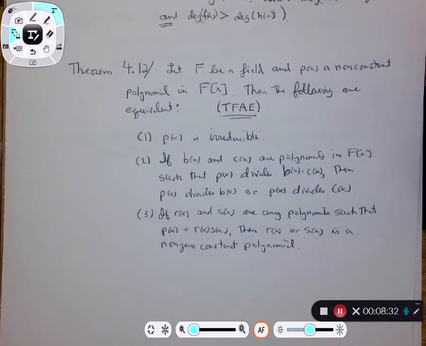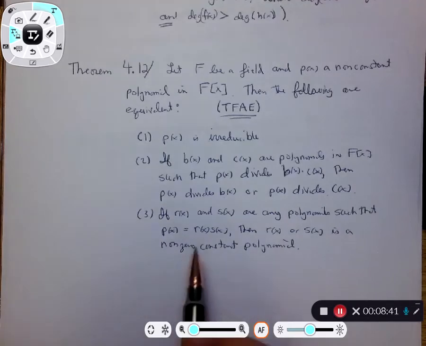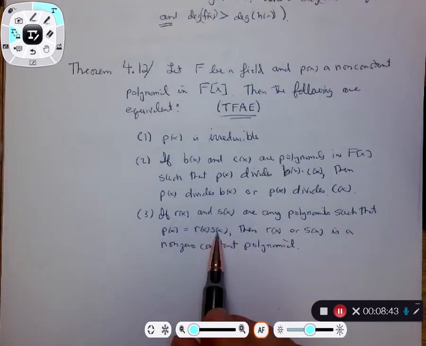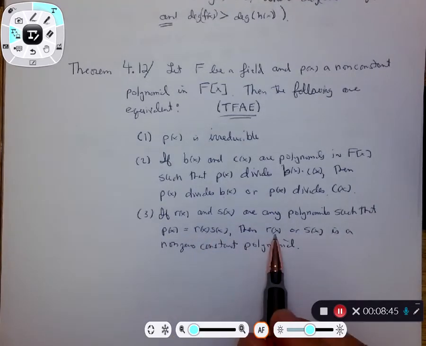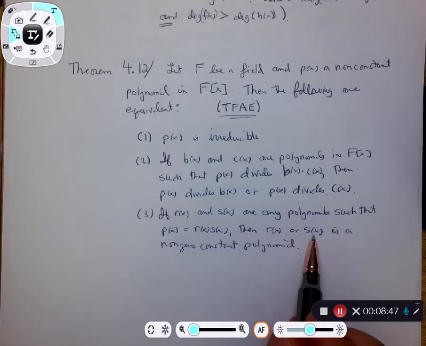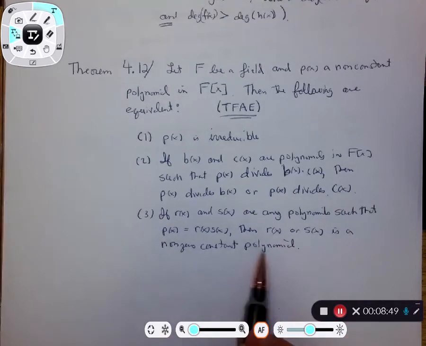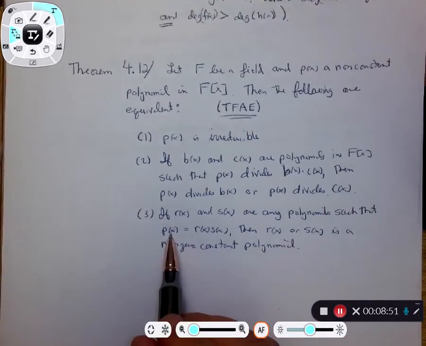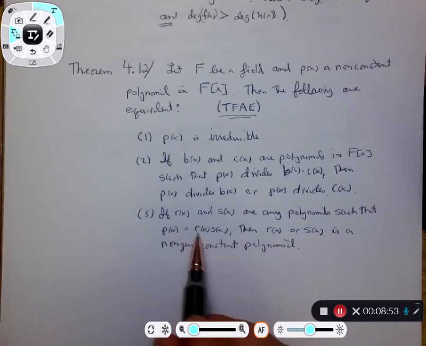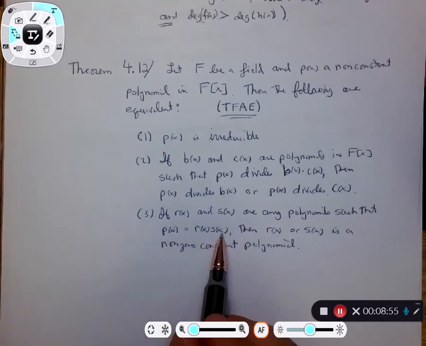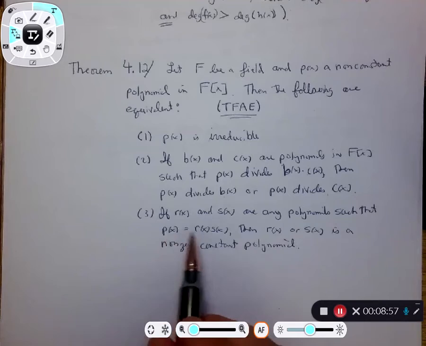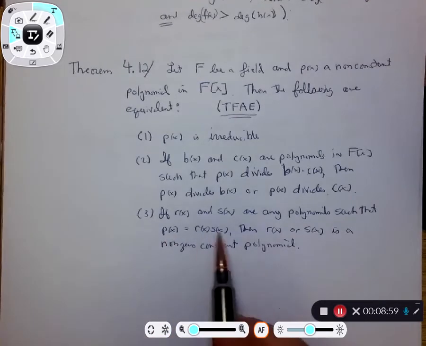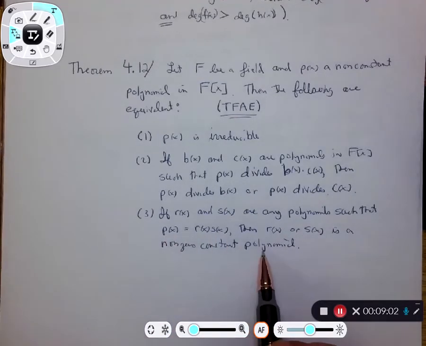Property number 3 says this. If r(x) and s(x) are any polynomials in F[x], of course, such that p(x) is equal to r(x) times s(x), then s(x) or r(x) is a non-zero constant polynomial. So if you've got an irreducible polynomial and you have factored it, broke it down, r(x) times s(x), the only way you can do that is if one of these two polynomials is a, quote, non-zero constant.